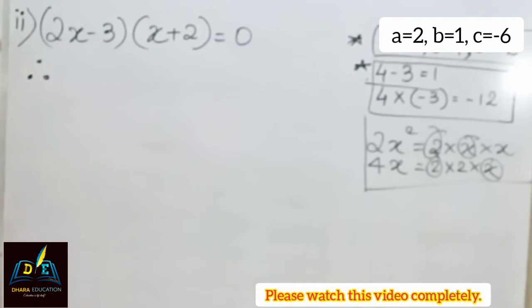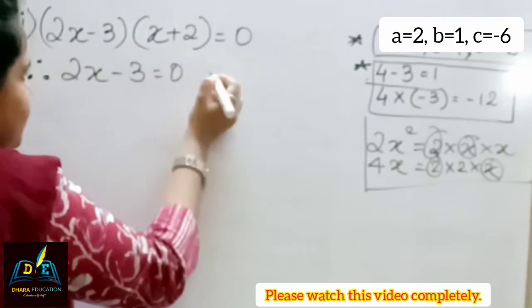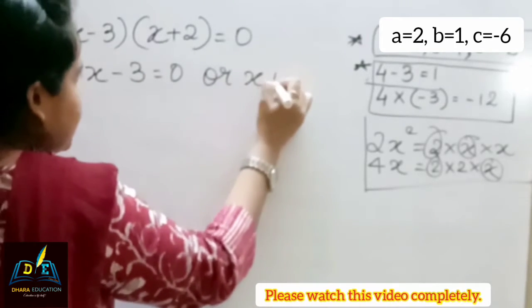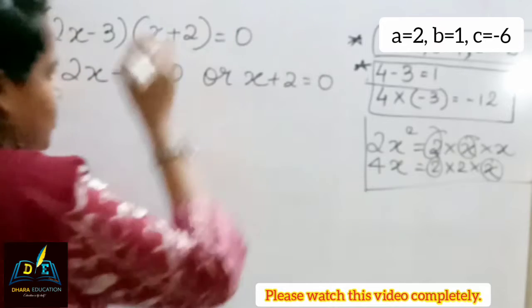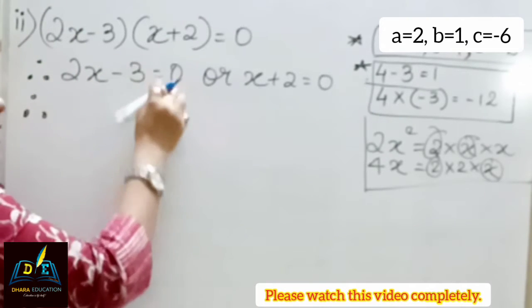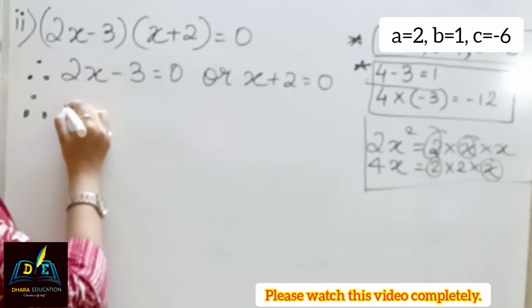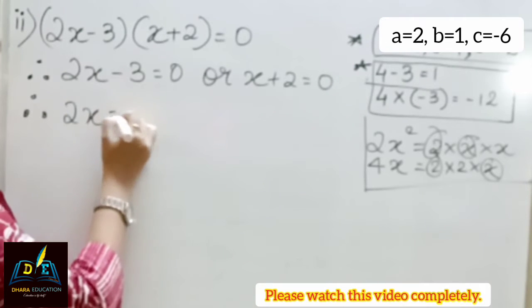Now, what is the next step? 2x minus 3 is equals to 0 or x plus 2 is equals to 0. Okay. Therefore, now we need to eliminate these zeros. Correct? So how do we have to do this? That is 2x is equals to 3.